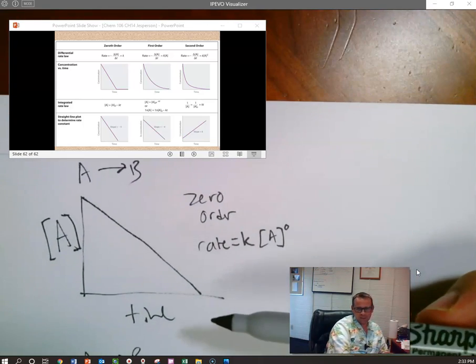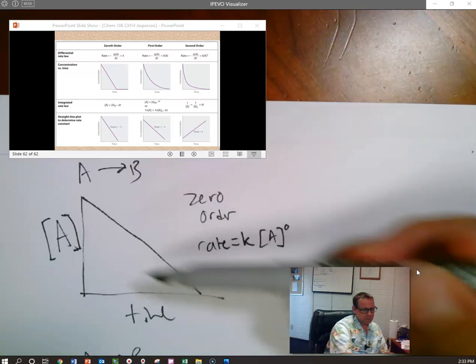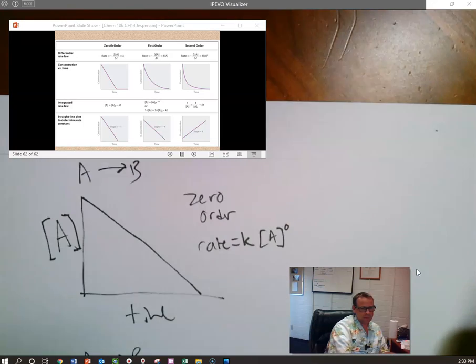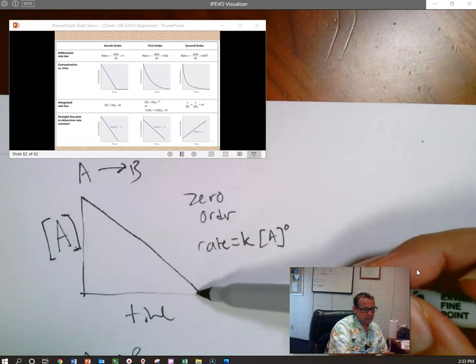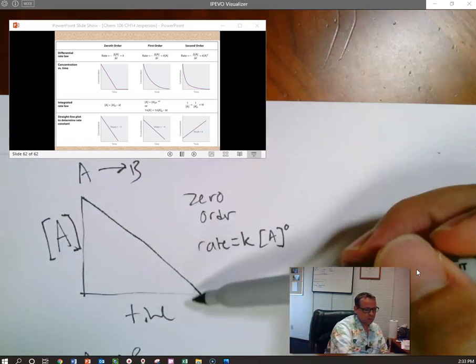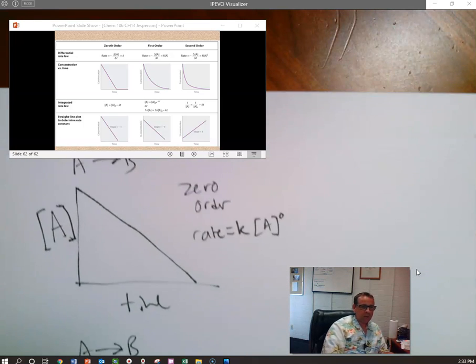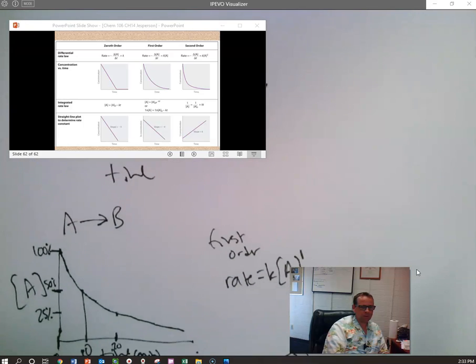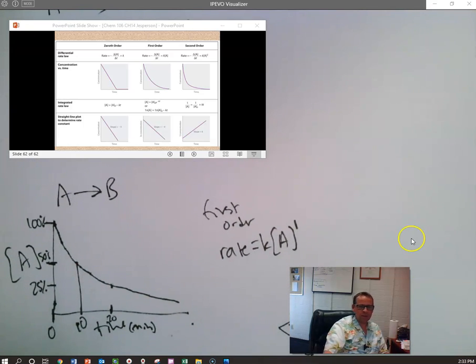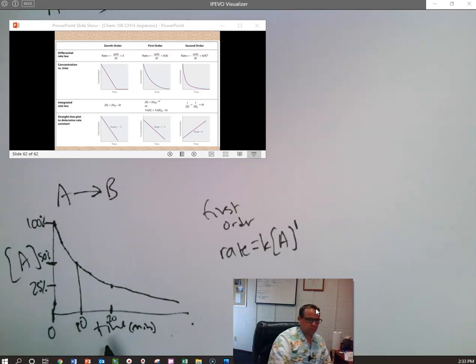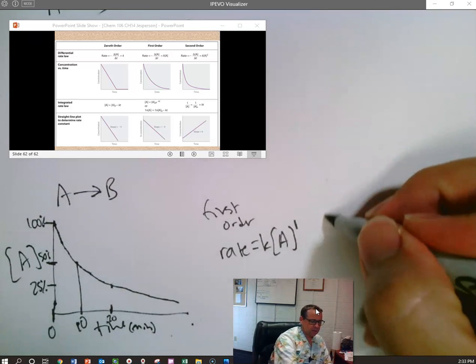And we like things to be linear in the lab, especially because when they're linear, then it's easy to predict where the concentration is going to be. It's also easy to predict where the intercepts are going to be, right? And we can do other modifications of data when there is a linear relationship. So because this isn't linear, there is something special that you can do to the data to make it linear.